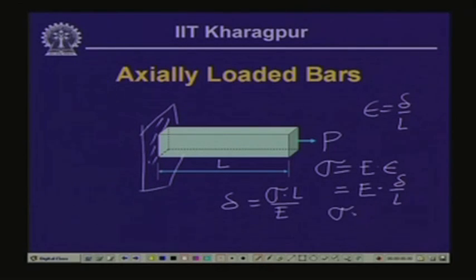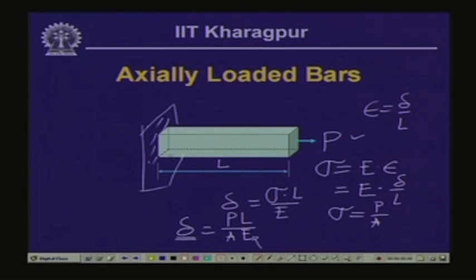So, sigma is equals to P divided by A. If we substitute the value of sigma in this, we get delta as equals to P L by A E. So, if we know the axial pull, the cross sectional area, the length, and the material with which this bar is made, for which we know the modulus of elasticity, then we can compute the deformation in the bar, considering that everywhere the strain is same.